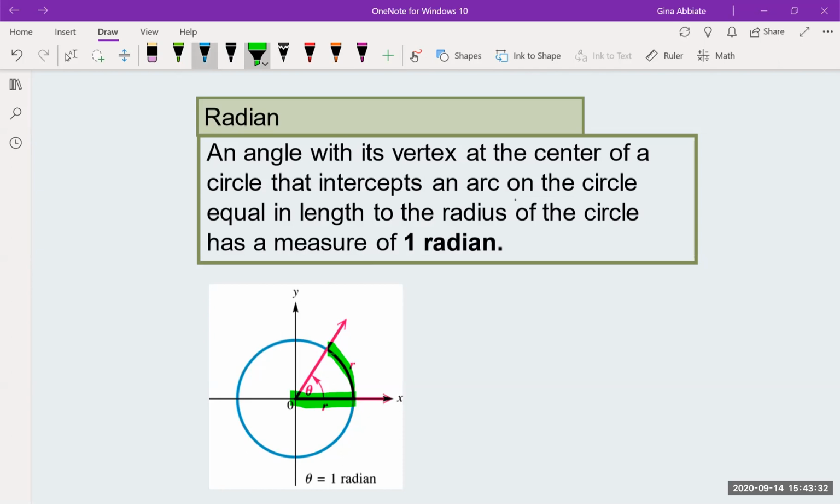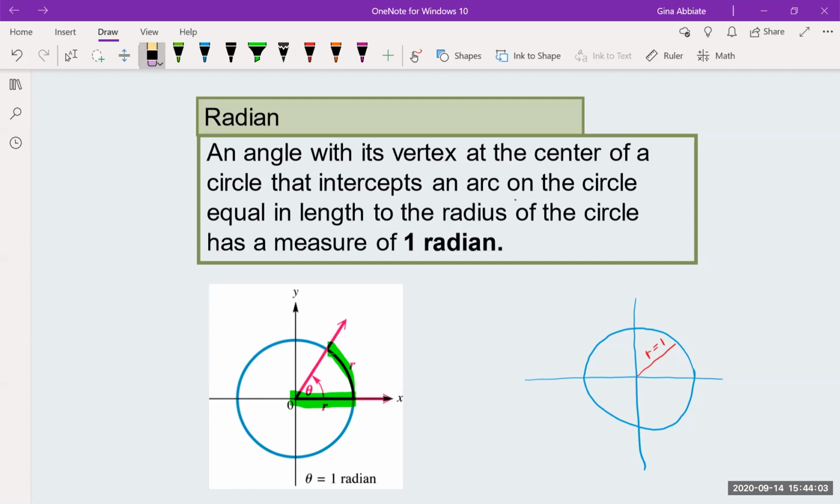Now, we've been alluding in class to the idea of a unit circle, where the radius of this circle is going to have length 1. So if we look back at this original picture and think of the radius as being 1, we can think about this measurement as being a length of 1 radian.